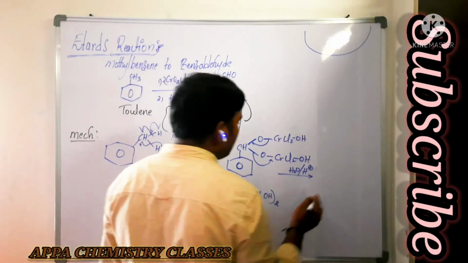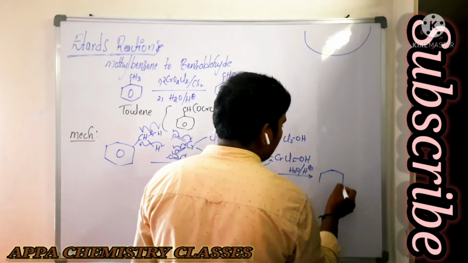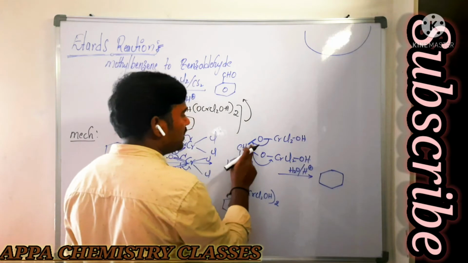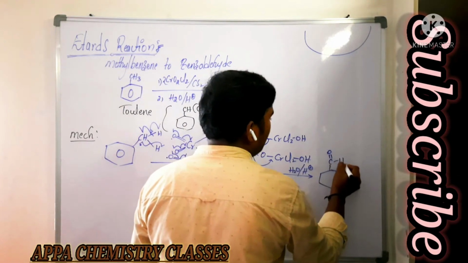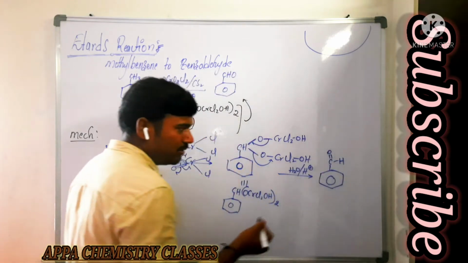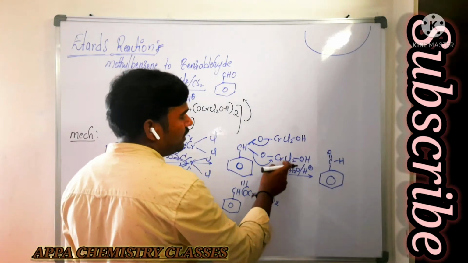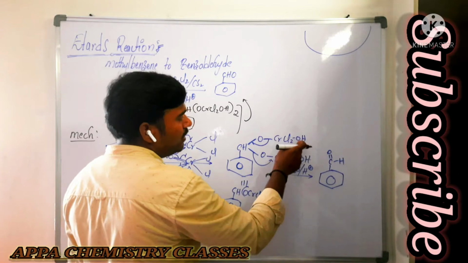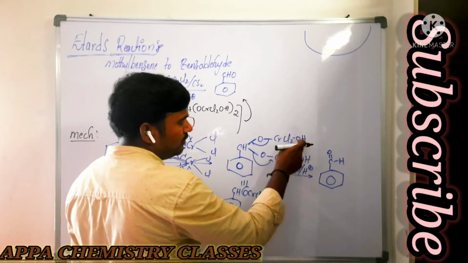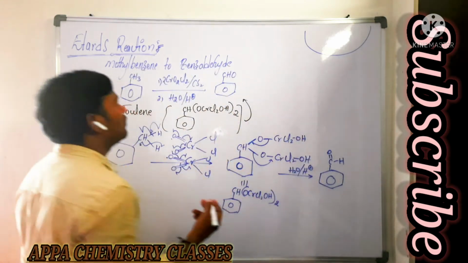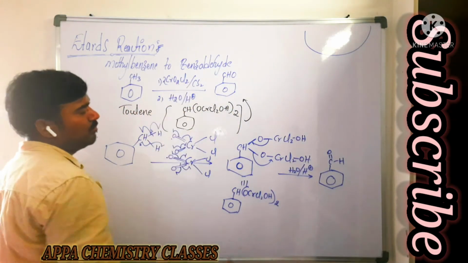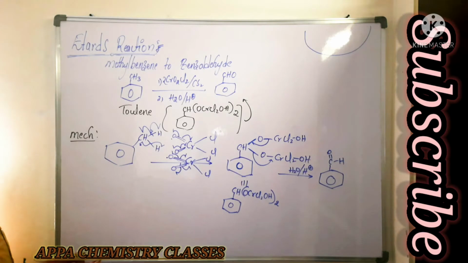So we get benzaldehyde, C6H5CH double bond O. After that, Cr minus Cl2 and Cr plus Cl2OH combine and form chromyl chloride, CrO2Cl2, again.